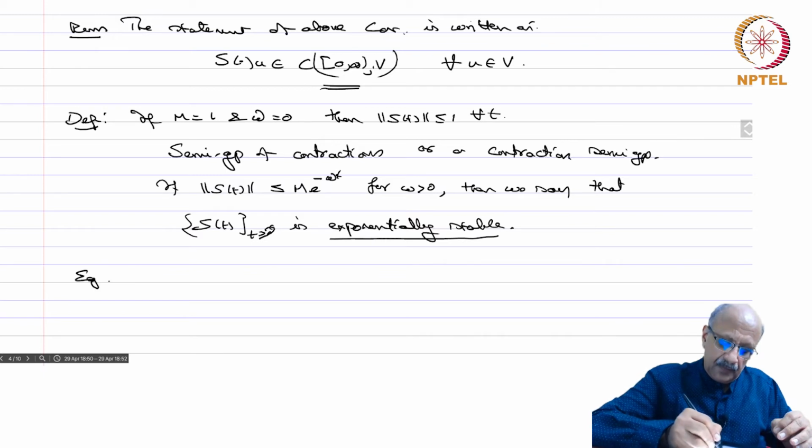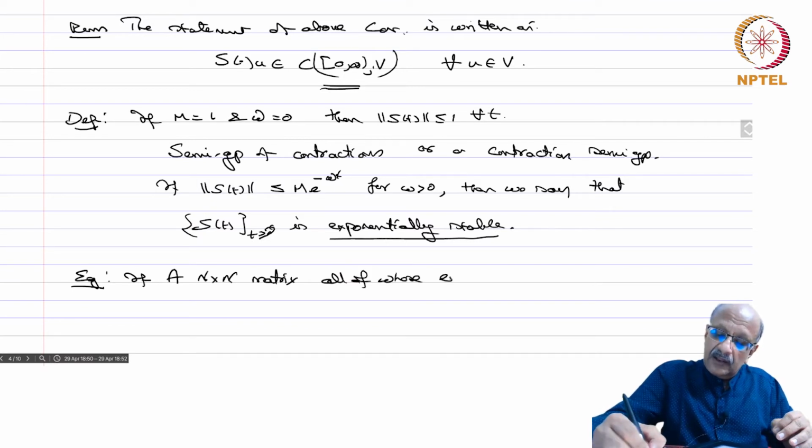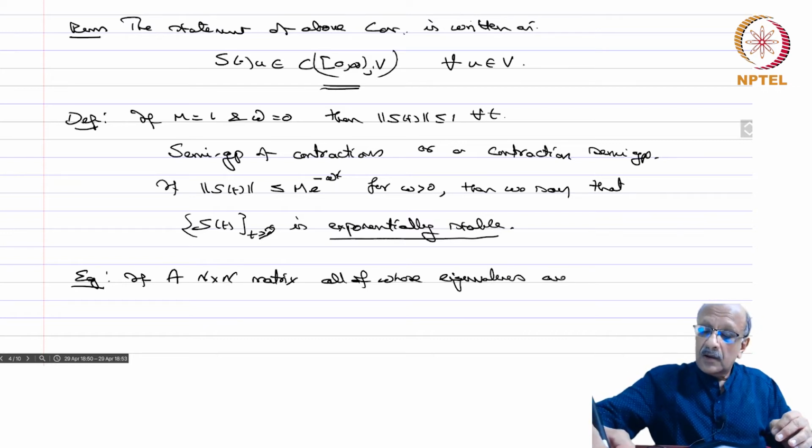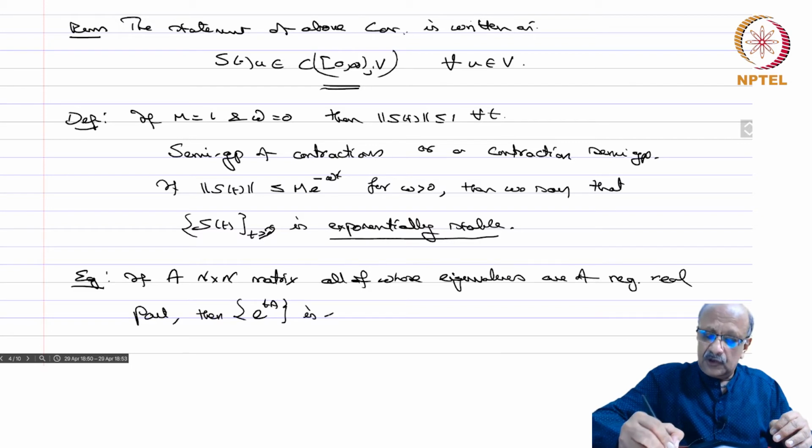So, example, if A is an n by n matrix, all of whose eigenvalues are of negative real part, then e power t A is exponentially stable.